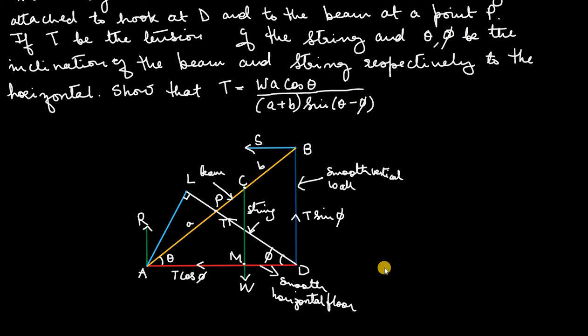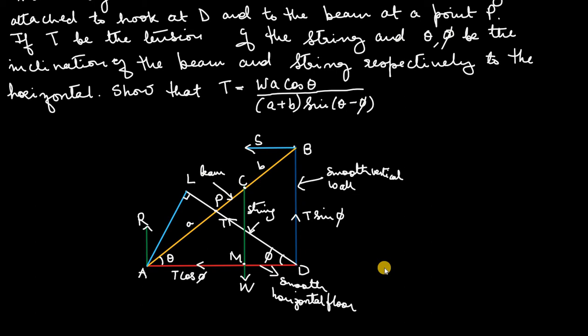This is the point P on the beam, where T here is the tension of the string and phi is the angle made by this string to the horizontal, and theta is the angle of inclination made by the beam AB to the horizontal floor. Now R here is the normal reaction of the floor acting at A, and S is the normal reaction acting at B, perpendicular to the smooth vertical wall.